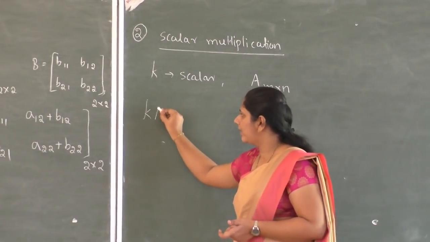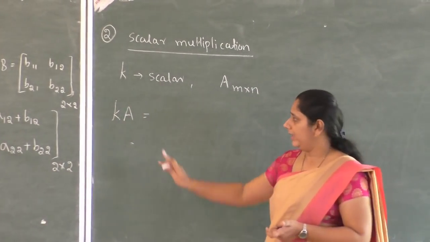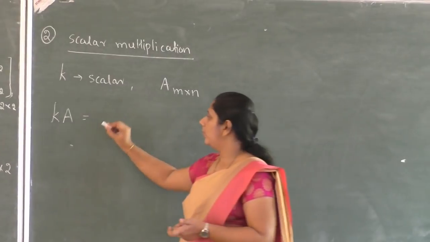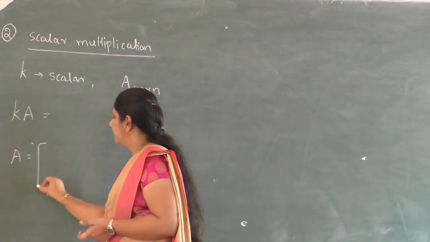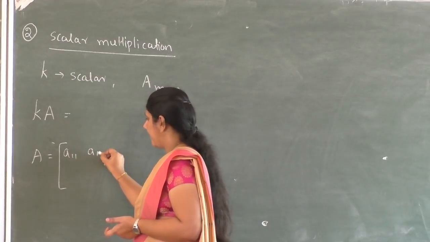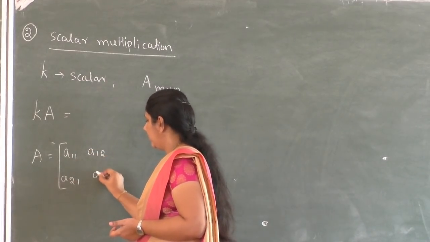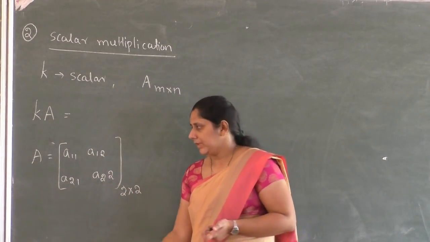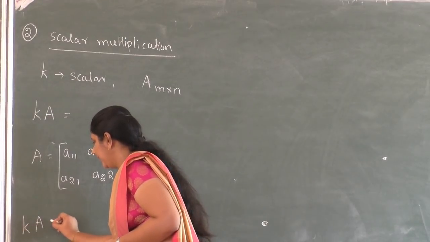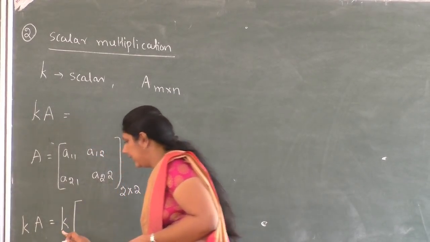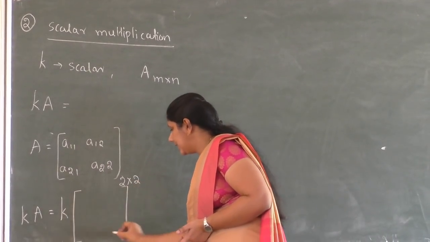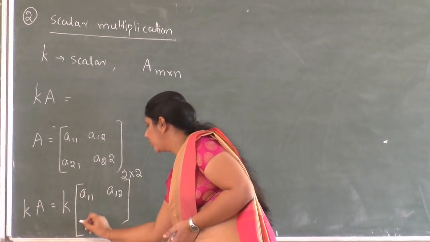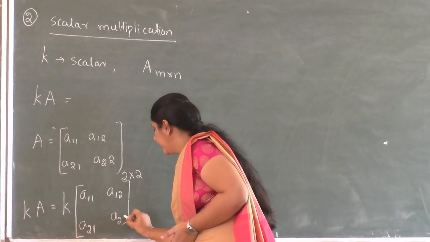Then the matrix KA is obtained by multiplying K to each and every element of A. Suppose A is equal to A11, A12, A21, A22, that is a 2 cross 2 matrix. Then the matrix KA is obtained by multiplying K to each and every element of it. That is, K times A11, A12, A21, A22.